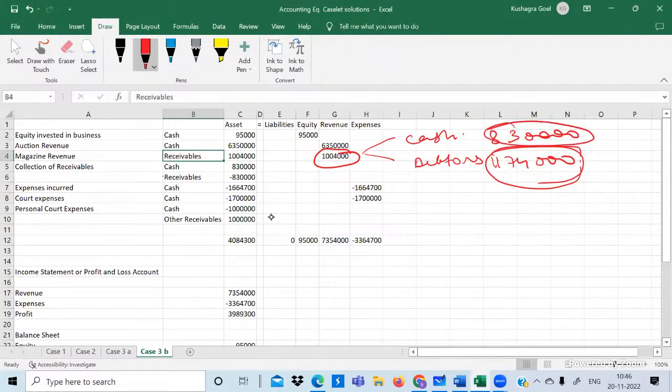If you want a net figure, you can write off these two and just write receivables over here as 1,74,000. This 1,74,000 is a net of these two numbers, which is 10,04,000 and 8,30,000. Any questions on this? Otherwise, you show the proper breakup, 10,04,000 and then minus 8,30,000, or you just show the net number saying that 1,74,000 is yet to be received from the magazine guys. Any questions on this? Anyone?